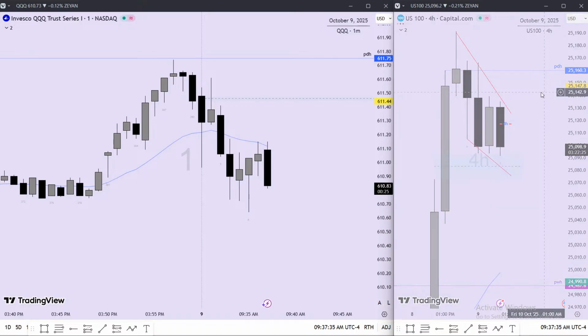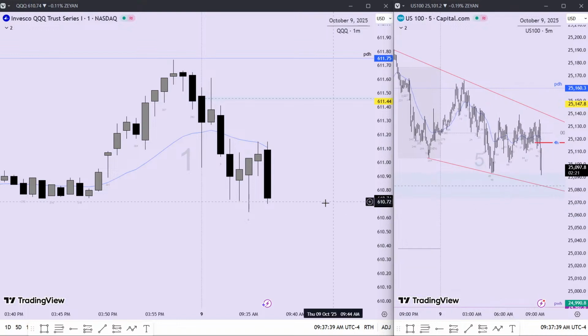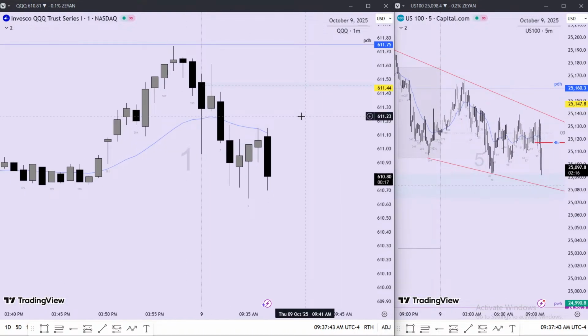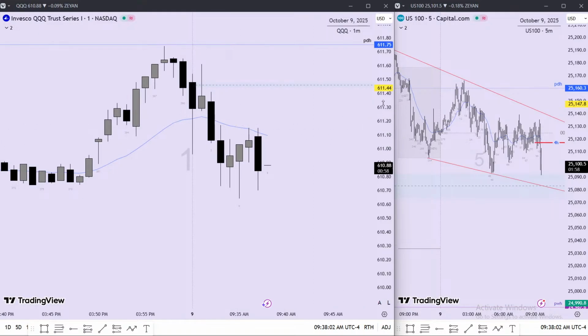Let's come back to the 5 minutes. On a 1 minute, bears do not have a reason to enter this bull. No, I'm sorry. Bears do not have a reason to get out if they are within this trade. As long as we are below the moving average and closing below the 933 candle, bears do not have a reason to get out.